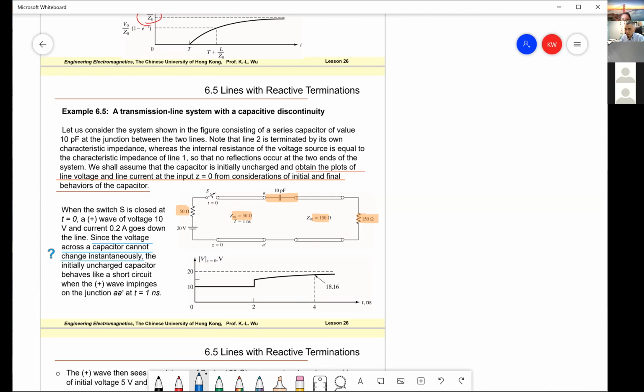So the reflection coefficient equals 0. To solve this problem, again, because we only deal with one reactive component, this problem is still a first order differential equation.